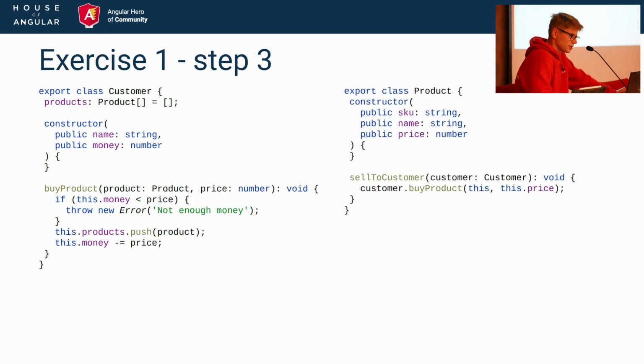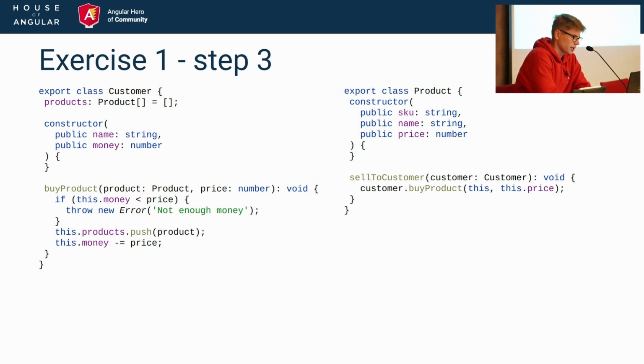The solution for that may be that you can create another method, sell to customer, and then when you pass the customer object to this method, you can run the customer buyProduct and then pass this private property as an input parameter to the method buyProduct of the customer.